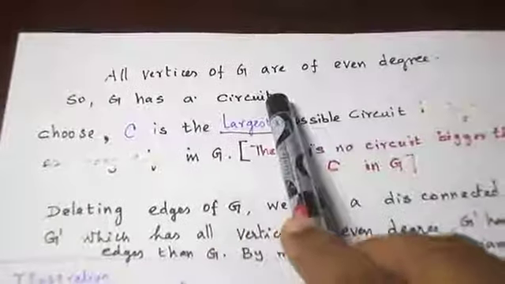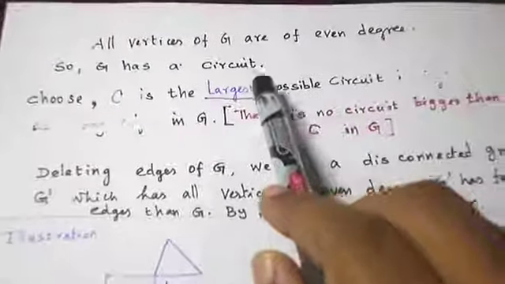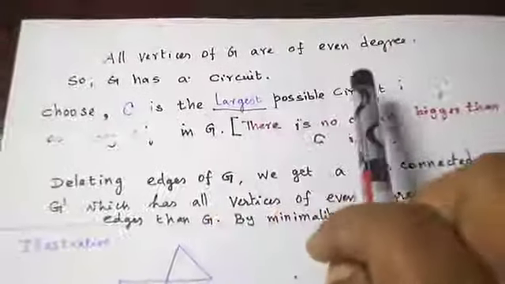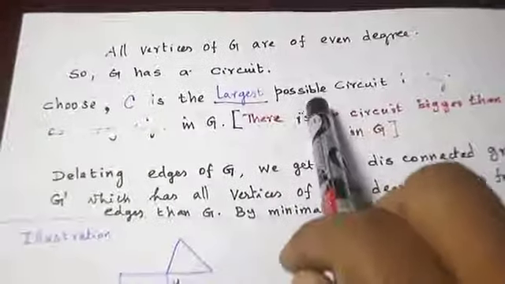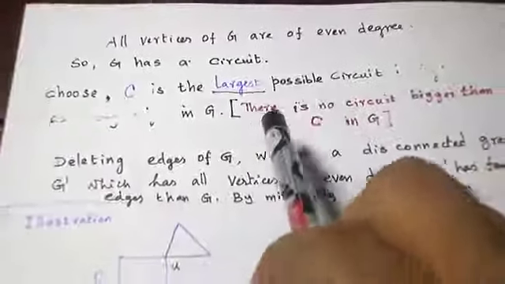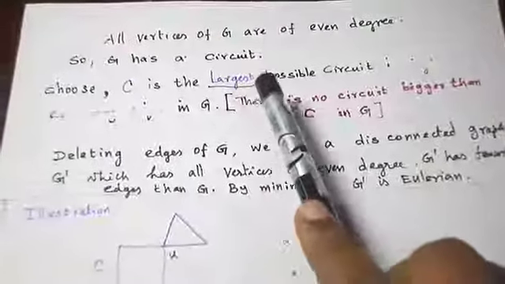Now all the vertices are of even degree, so there is a circuit. Now I choose the largest possible circuit C in G, so that it has as many edges as possible in the graph. What is the meaning of this choice of largest circuit?